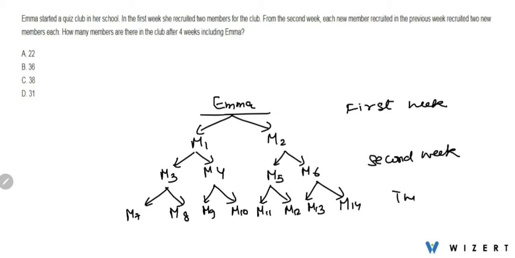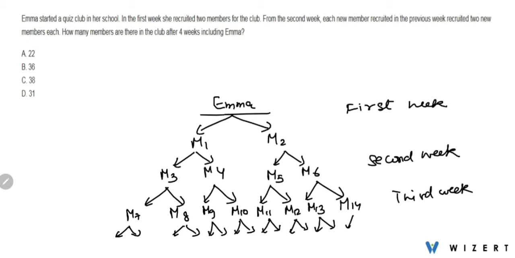So this is our third week. Similarly, in the fourth week, again M7 will recruit 2 members, and so on for each member, 2 members each. So this is our fourth week.